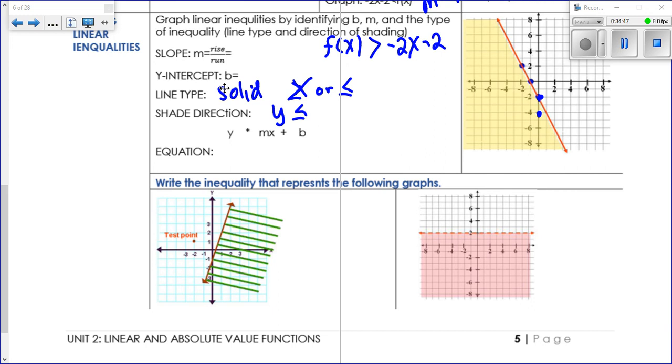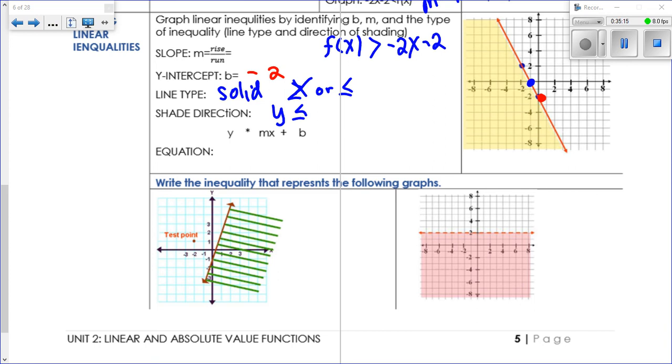Now, let's go back to things we want to find out. The y-intercept, I'm going to do it in red. Y-intercept here is at -2. I'm going to pick another good point on this line and figure out my slope, my rise. Looks like they already did one for me.